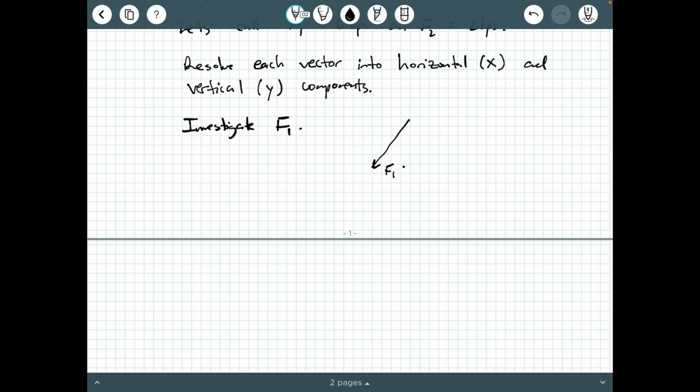And again, F1 is 6 kips. And we can form our right triangle right here. And so this length is going to be F1x. And then, of course, this length here is representing F1y, and then of course we have the 60-degree angle right here.